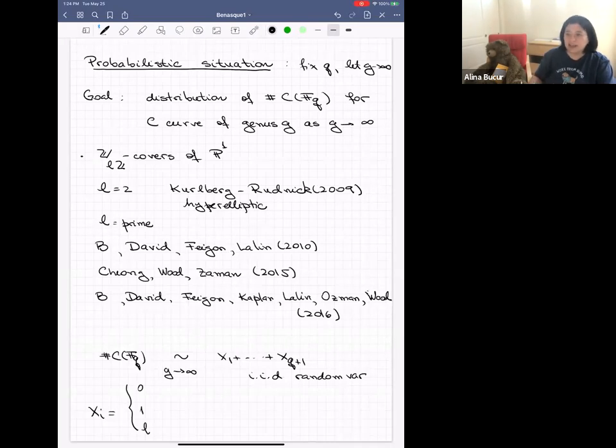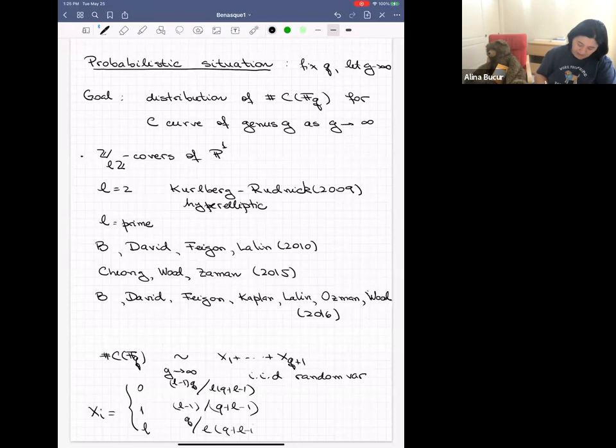So that means that in each fiber above a point of P1, I'm going to have either 0 points, 1 point, or L points. So these are the possible values. And this one is the least probable, L minus 1 divided by Q plus L minus 1. Then 0 occurs with probability (L minus 1) Q divided by L times (Q plus L minus 1). And then this one has the rest, which is Q divided by L times (Q plus L minus 1). So those are the three possibilities.